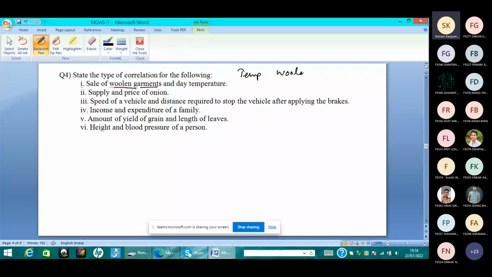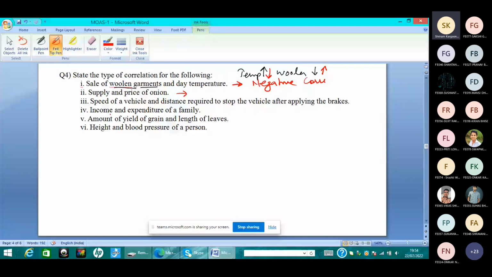As the temperature increases, we will not buy woolen clothes, right? Those are needed in winter. As the winter temperature drops, then woolen clothes are in demand. So you see an opposite kind of change here, so there is a negative correlation. Such a question can be asked.